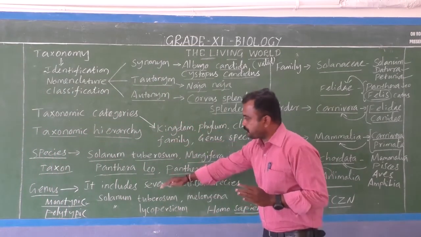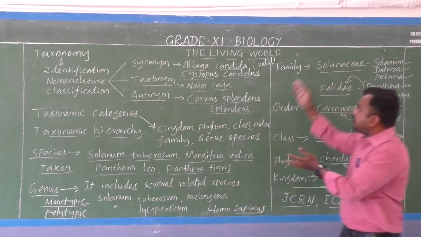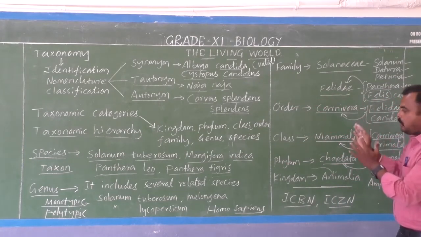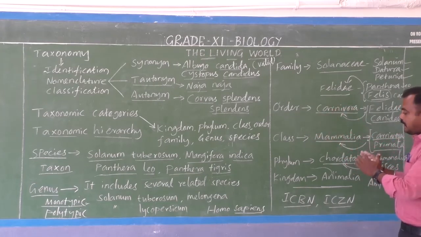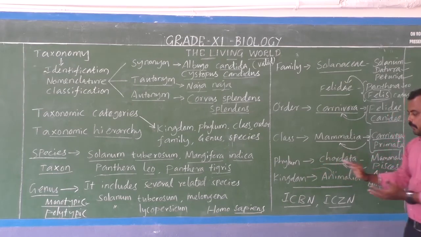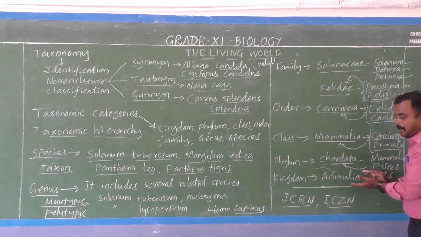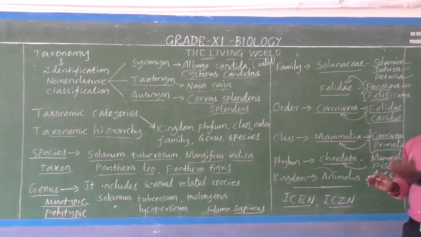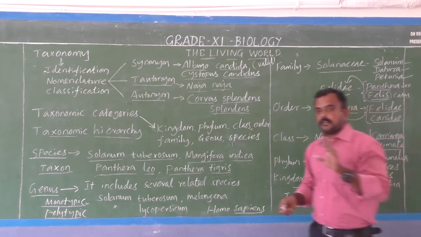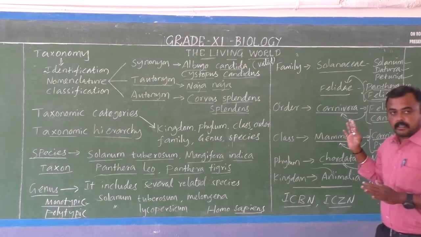Different species we can keep in the genus. Different genera in the family. Different families in the order. Different orders in the class. Different classes in the phylum. Different phyla in the kingdom. So finally all the animals are included in the kingdom Animalia. Likewise all the plants come under the one kingdom Plantae. So that is taxonomic hierarchy.